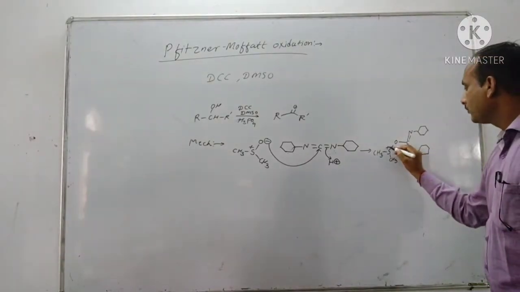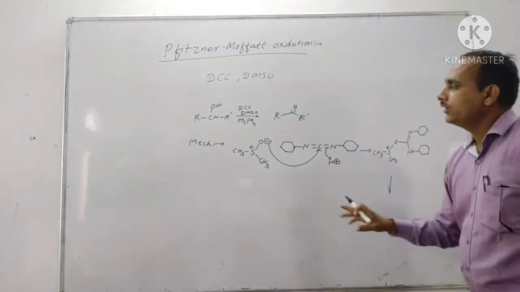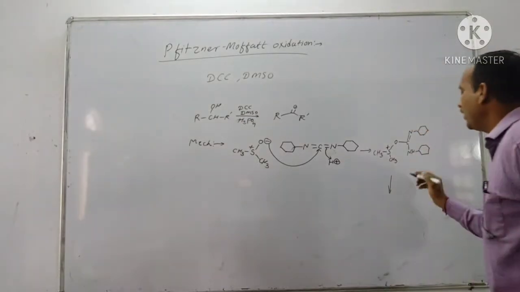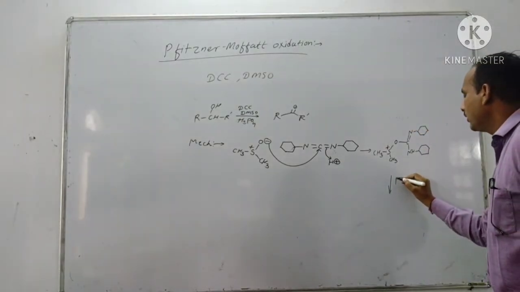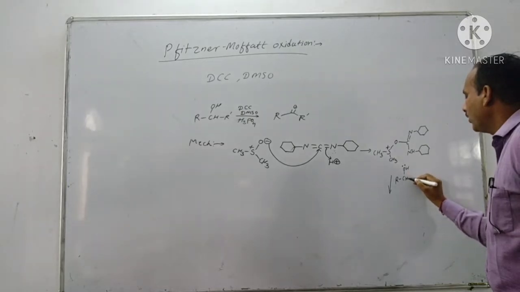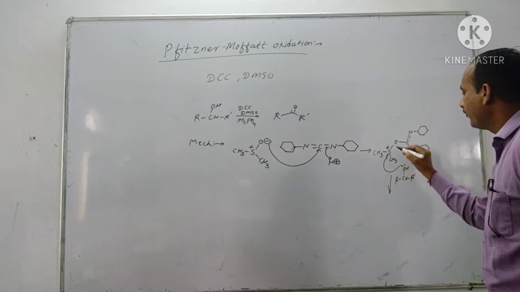Then the alcohol, secondary alcohol or primary alcohol, RCHOH, the lone pair on oxygen of the alcohol attacks sulfur.